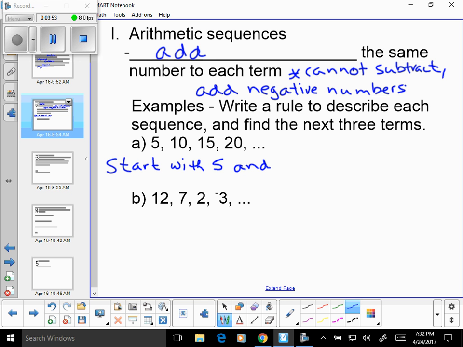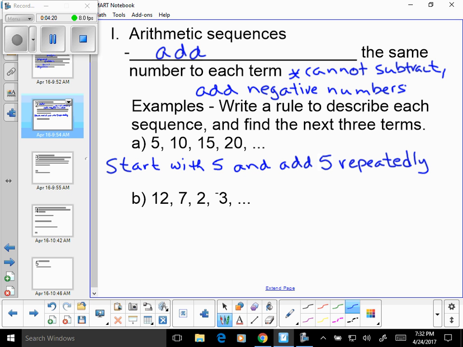So I look at the second term to the third term, 10 to 15. Is it going to work to multiply by 2? Absolutely not. It will work to add 5. So my rule is that I start with 5 and add 5 repeatedly. You're going to get very used to that word in this particular lesson.